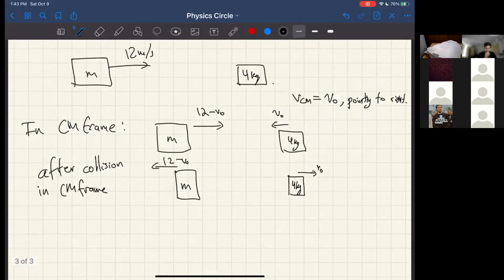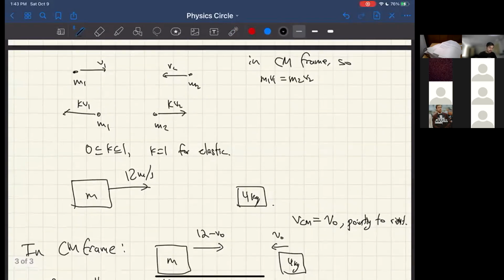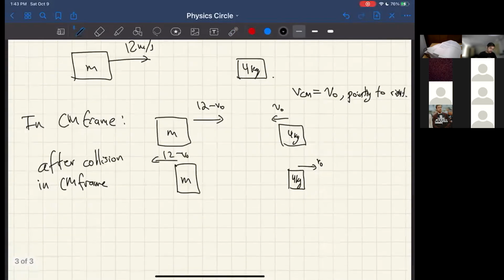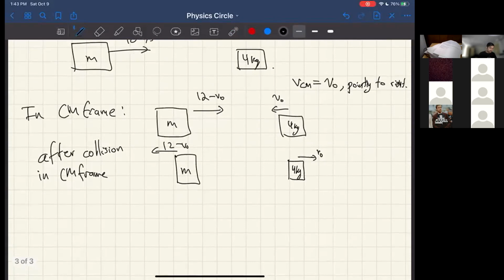Shouldn't it be v1? What is v1? I never defined v1, right? Oh, v1, well, okay, sure. But I'm doing this in the center of mass frame. So in the center of mass frame, if I have two things moving towards each other, then like I said, in the elastic collision case, they simply reflect off of each other.